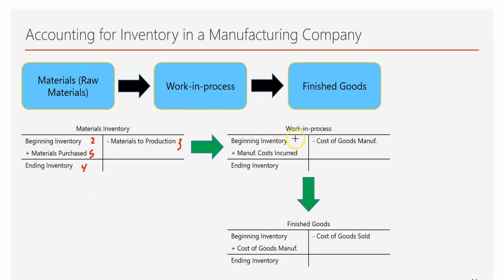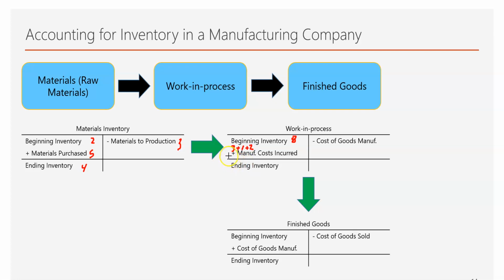Now my beginning work in process, let's say I had $8 worth of costs in work in process at the end of last month. Well, during the month I transferred $3 of materials. So I had 3. Now what other manufacturing costs do I have? I have direct labor. So let's say I had $1 of direct labor plus $2 of overhead.